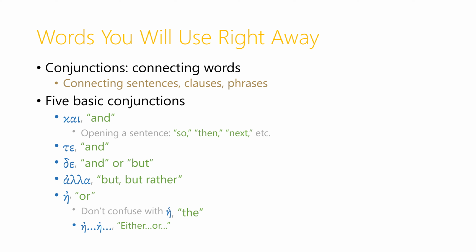The other thing that can seem a bit strange is that if we want to say either or, we repeat the conjunction e twice, once in front of each of the alternatives. So it's like e does double duty for the English words either and or. If I want to say that my piece of fruit is either bad or good, then I would say that it is e kakos, e kalos, either good or bad.